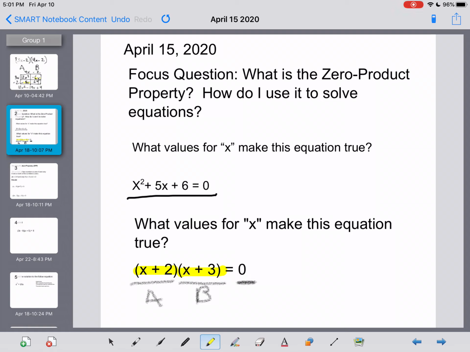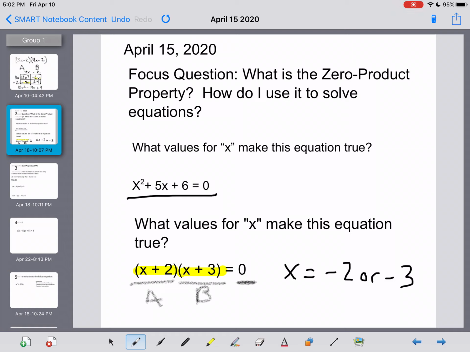So if x equals 2, or, I'm sorry, let me go back. Not 2. If x equals negative 2 or negative 3, that would make the equation 0.